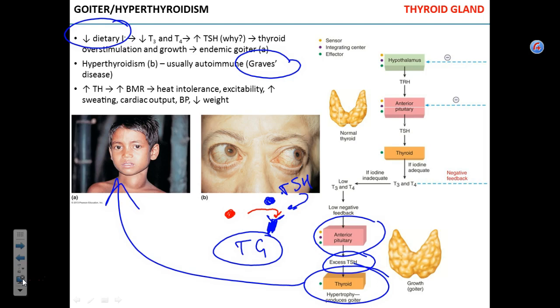Clinical picture. They constantly overproduce thyroid hormone, so they are constantly revved up. Heart rate goes up, so cardiac output goes up, blood pressure goes up. They are excitable. They're like jumping, bouncing off the walls. Well, not exactly, but they're very active. They're irritable.